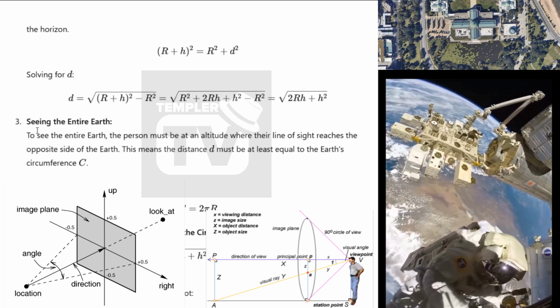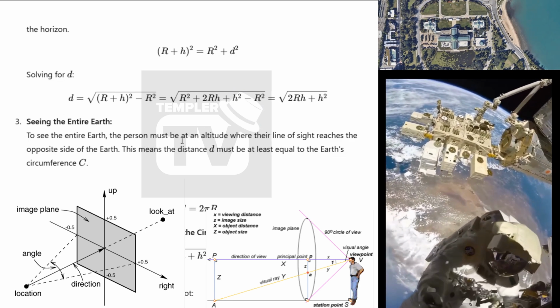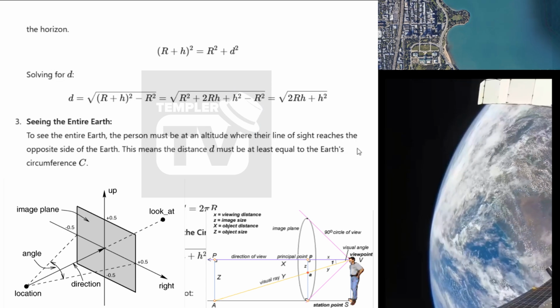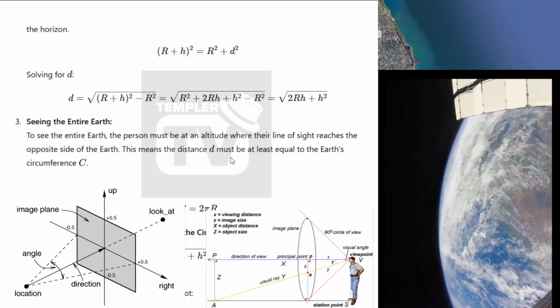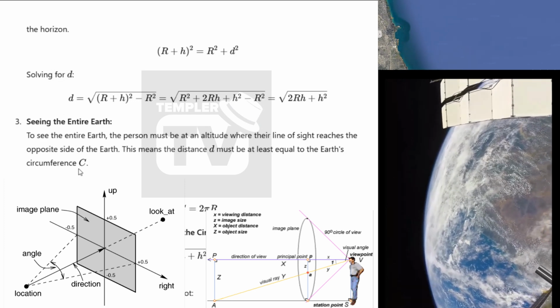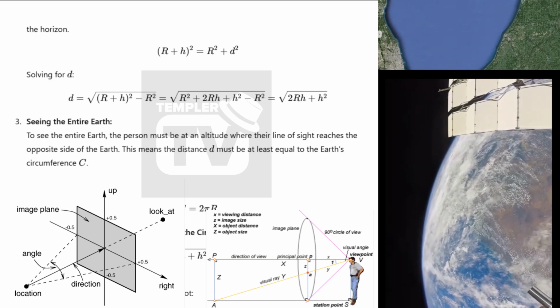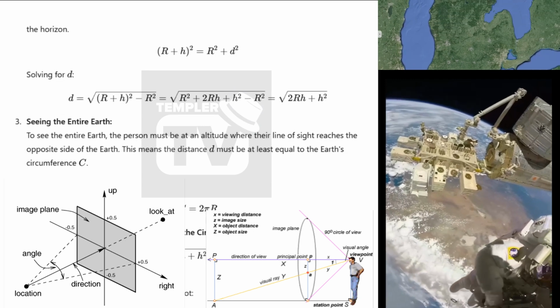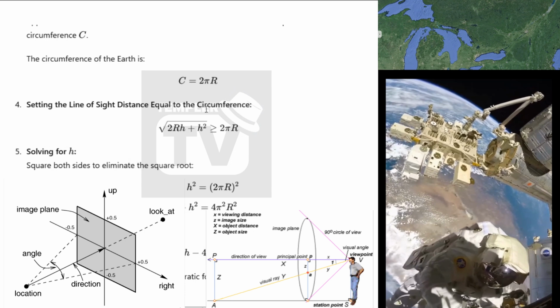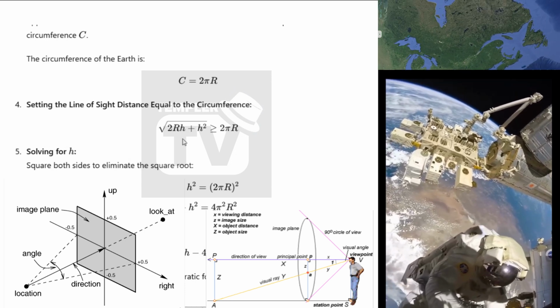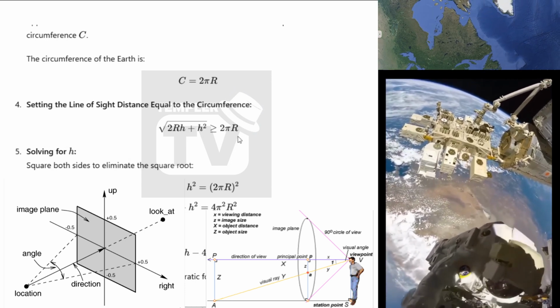Seeing the entire Earth. To see the entire Earth, the person must be at an altitude where their line of sight reaches the opposite side of the Earth. This means the distance, d, must be at least equal to the Earth's circumference, c. The circumference of the Earth is c equals 2 pi r. 4. Setting the line of sight distance equal to the circumference, squirt 2rh plus h squared, g 2 pi r.